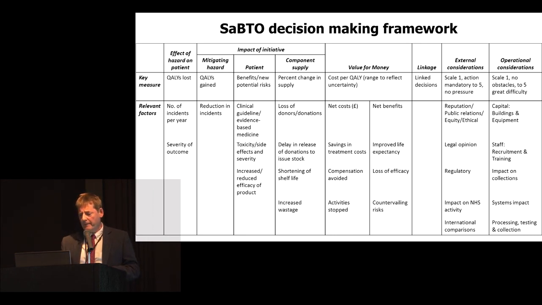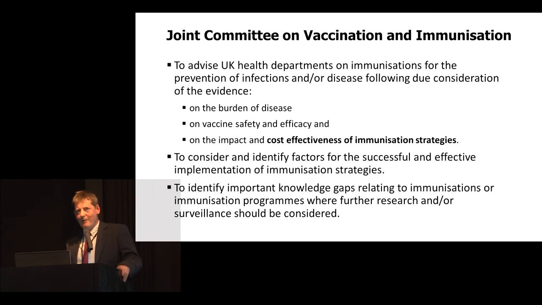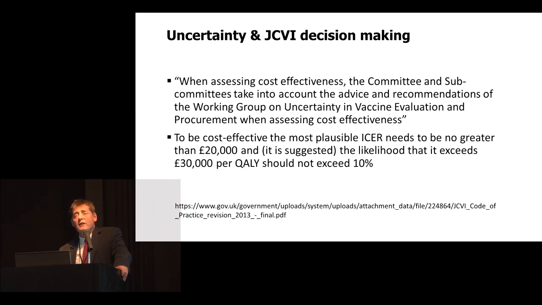And to wrap up rapidly, finally for our set here, we've got JCVI, the Joint Committee on Vaccination and Immunisation. Again, it's a UK-wide body. Again, it considers, among other things, the cost effectiveness of immunisation strategies. One very interesting aspect of JCVI is the way it treats uncertainty and the cost effectiveness threshold.